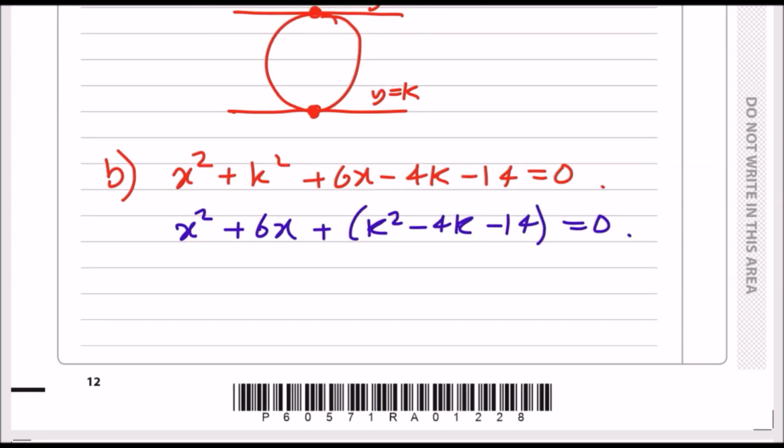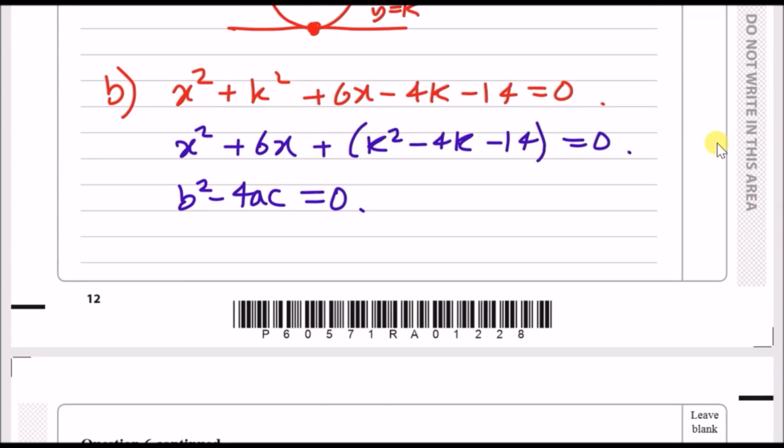So using the definition of the discriminant, the formula is b² − 4ac = 0. Where b is going to be the 6, the coefficient of x, a is the coefficient of x², so 1, and c is basically all of this lot. So substituting that back in, guys, you're going to have 6², which is 36, minus 4 times 1 times (k² − 4k − 14) equals 0.